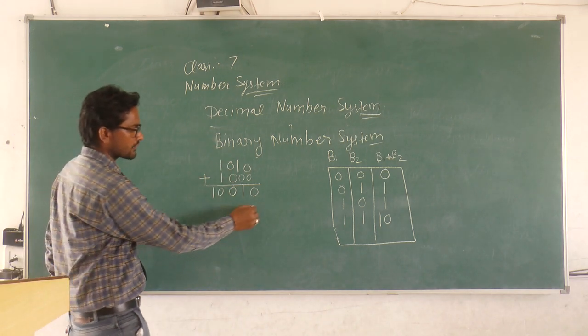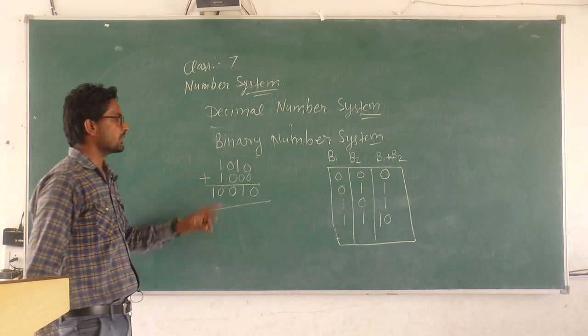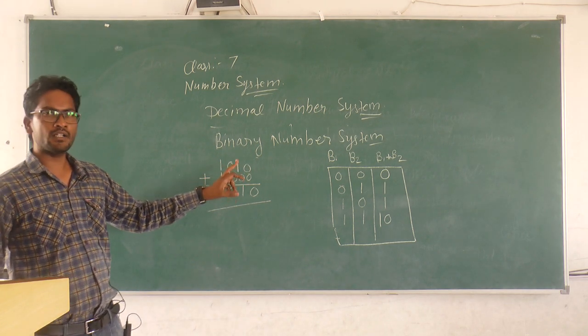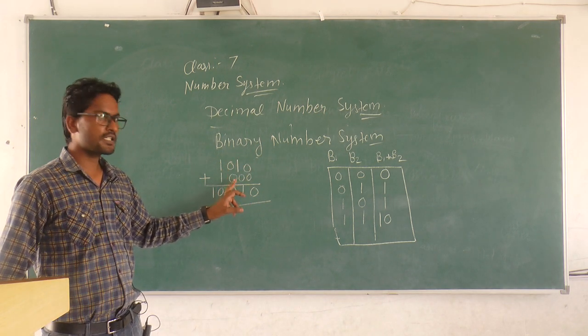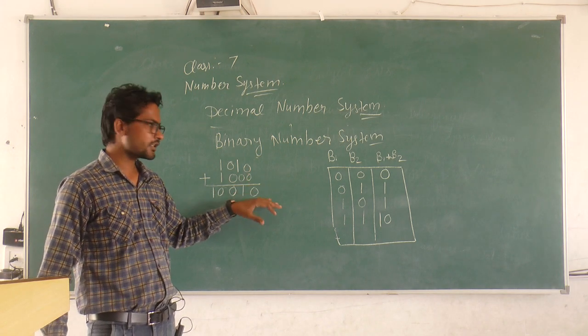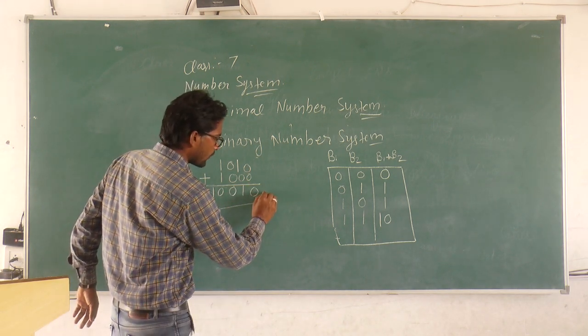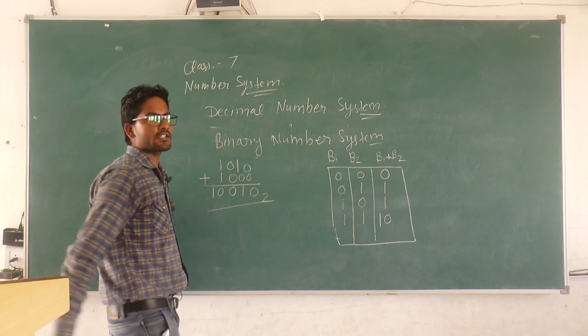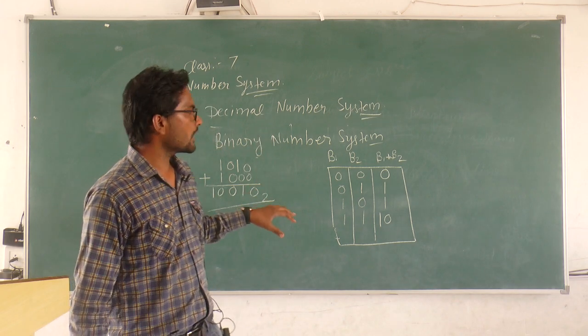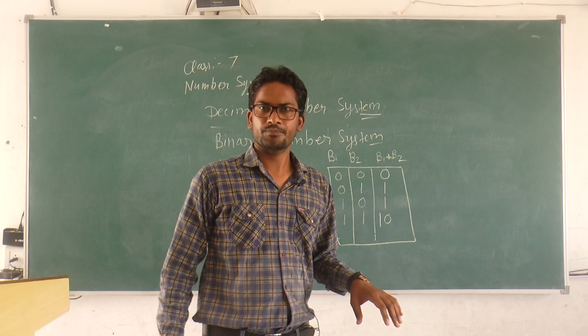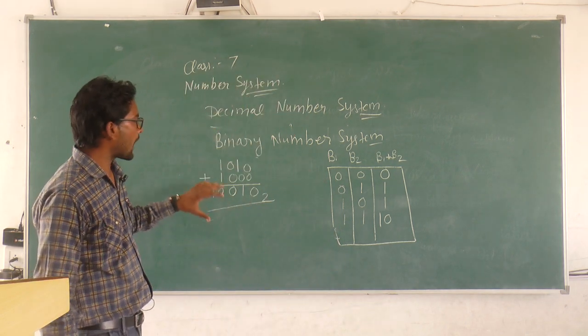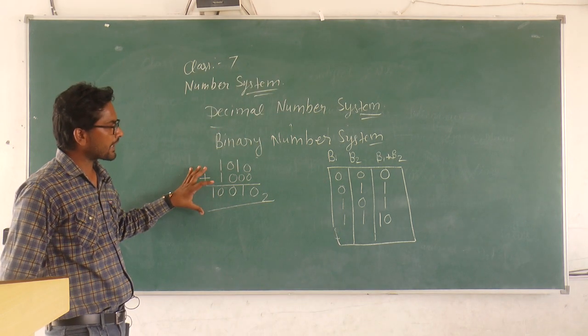Now this is your answer, the addition of 1, 0, 1, 0. The answer is 1, 0, 0, 0, with base 2 because it is your binary number system. I think you understood how we can add in this binary number system.